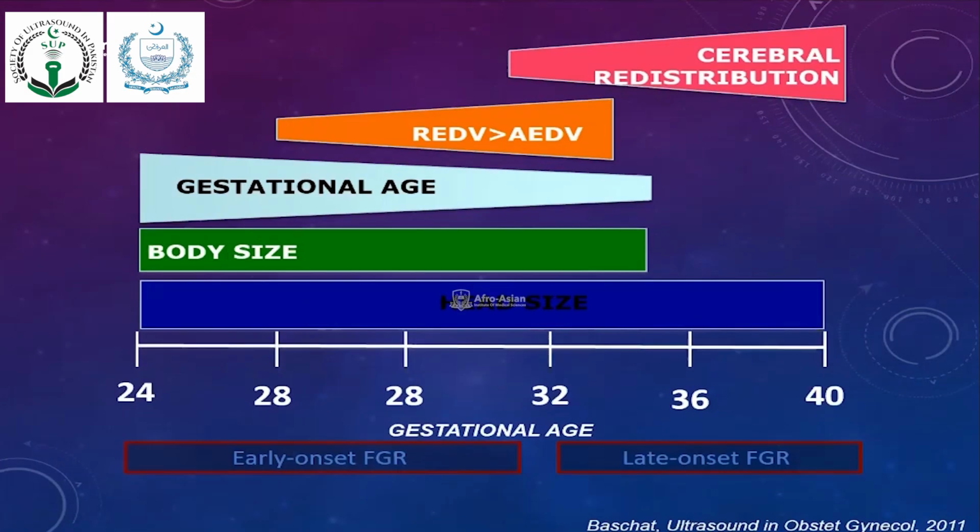These are the weeks, and you can see the head size. The body size tries to remain normal in most of the cases till 20 weeks in symmetrical IUGR and 28 weeks in asymmetrical IUGR.